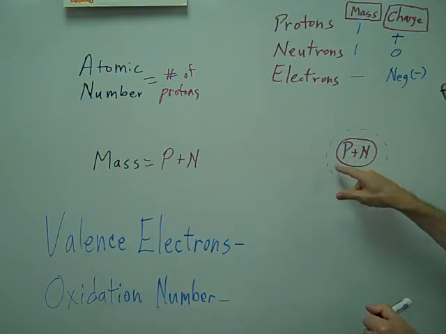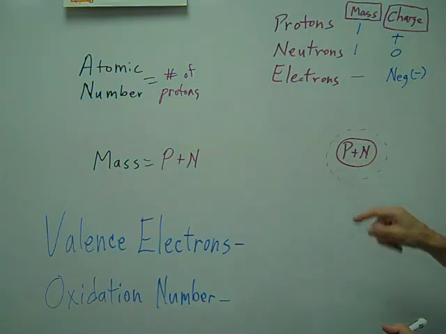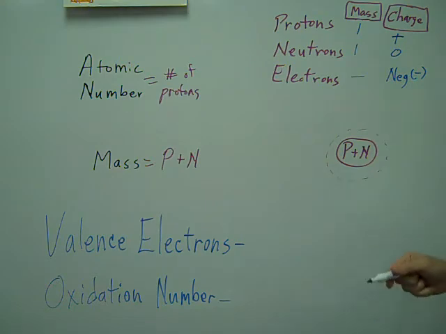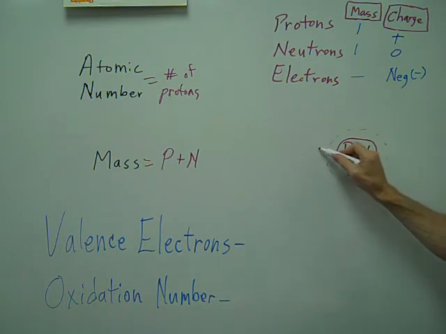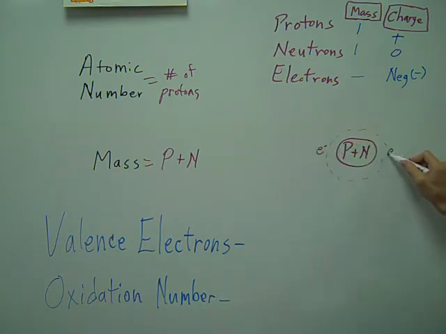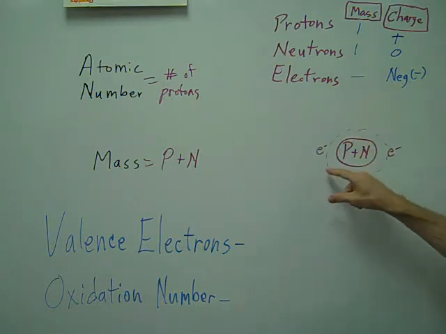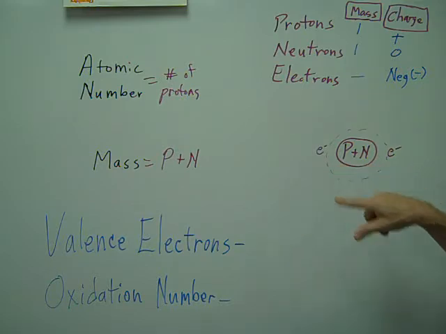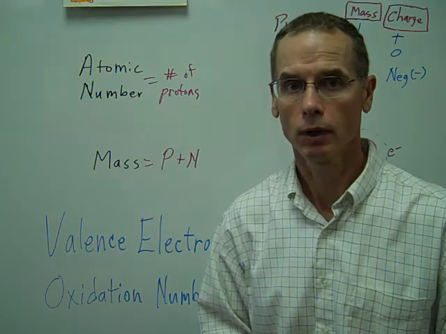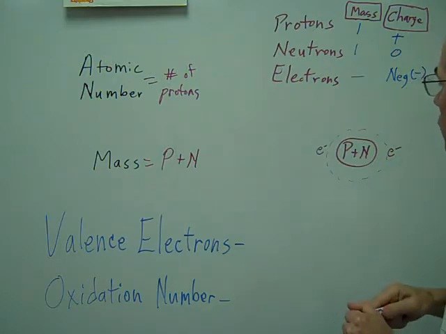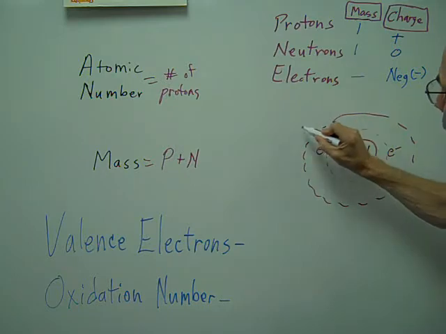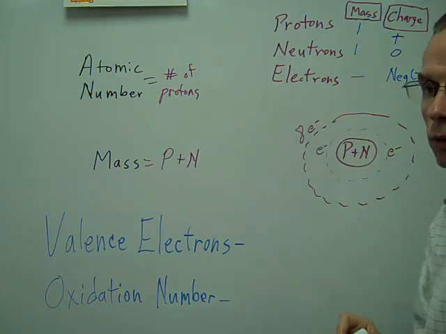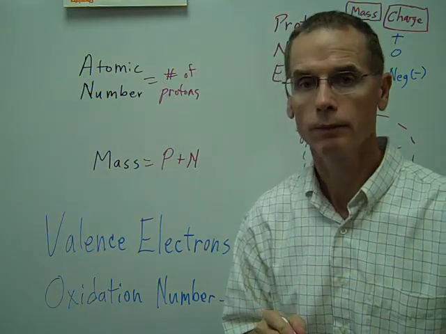We can signify this with a dashed line around the nucleus, which houses the protons and neutrons, and we will signify the number of electrons in that orbital with just an E-, like that. Now, the first level or orbital of electrons is completely full when it contains 2 electrons. The next outer shell of electrons can hold up to 8 electrons, which will become important in a moment.